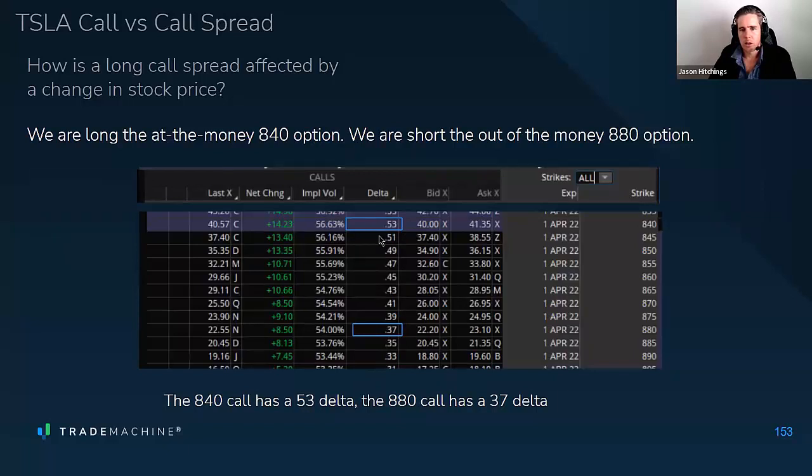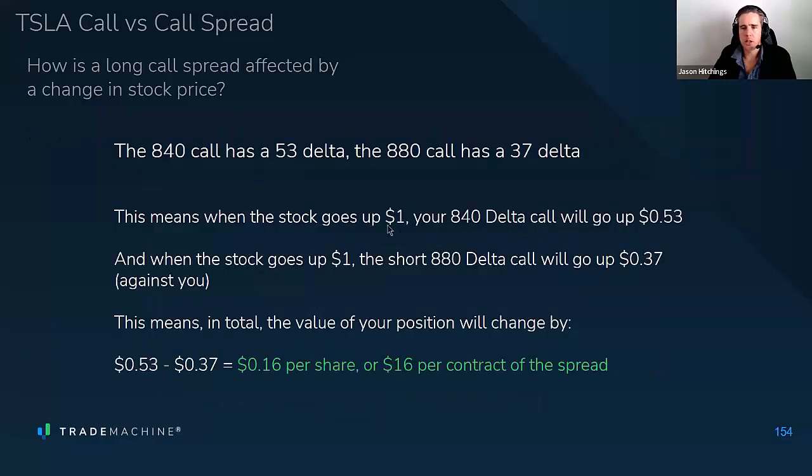So the option that you're long is going to go up by 53 cents, but the one you sold is going to go down by 37 cents. And so the difference between those two things is 16 cents. And it turns out that's exactly what the value difference will be when the stock goes up by $1. The overall position is going to change by 16 cents.